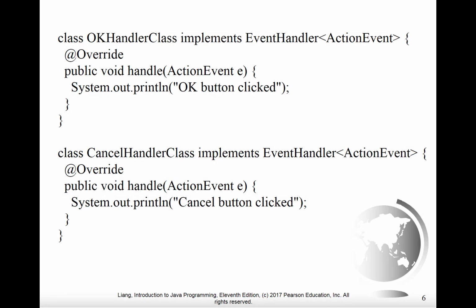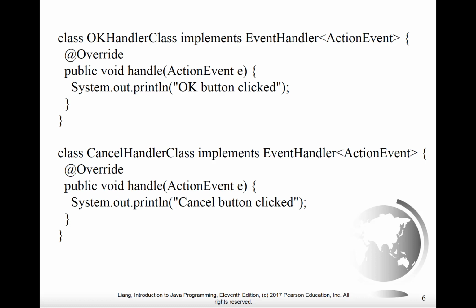On the top of the slide is the handler for the OK button. So we've defined a new class called OKHandlerClass, and we've said that it implements EventHandler. As I mentioned earlier, way back at chapter 14's beginning, I said we were going to be using all the theory we learned in chapters 10 through 13 throughout chapters 14, 15, and 16. You're beginning to see that happen already. You've seen it happen throughout chapter 14.